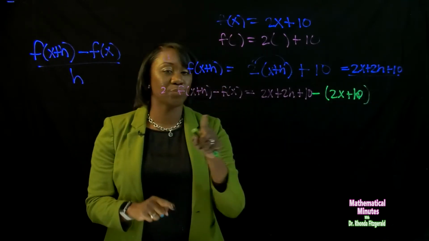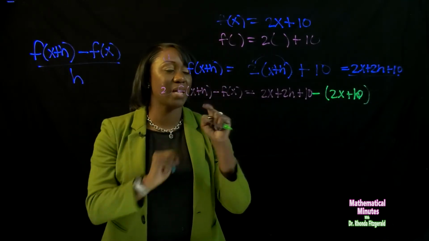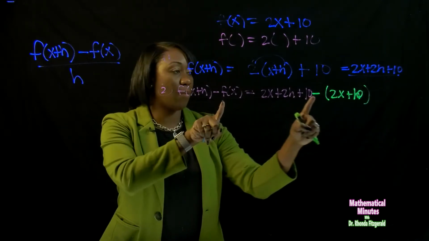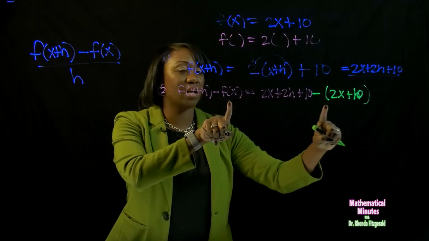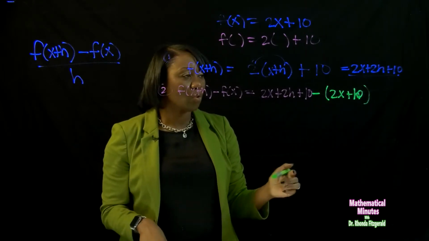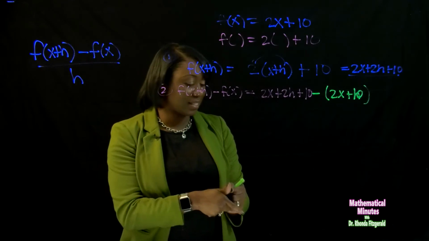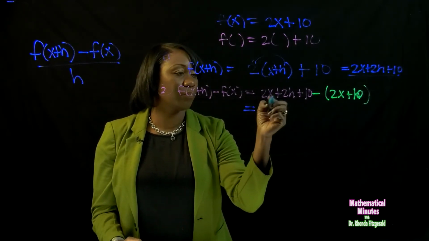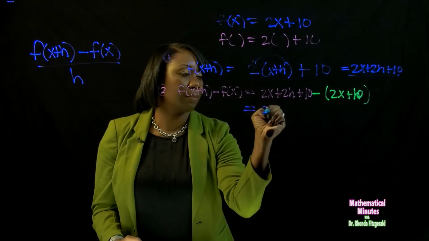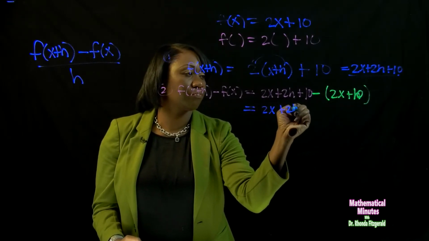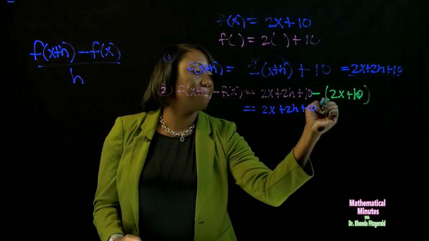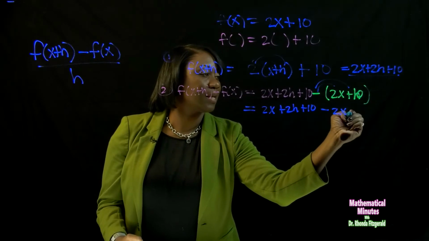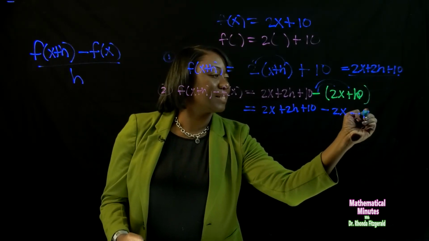So let's look at this. Our f of x plus h minus f of x. So here we plug in our f of x plus h. I want to subtract my original function of f of x. Okay, now let's simplify this. So when I simplify this, we end up with the value 2x plus 2h plus 10 minus, I have to distribute this negative, so minus 2x minus 10.